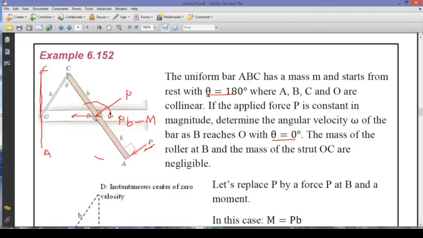Now, the only thing left here is to find out the component of this P force. The component of this P force will be found by this theta over 2 angle. If this is theta over 2, then this angle is theta over 2. It's not able to show, but yes, there we go, theta over 2. Then the force here is P times cosine theta over 2.